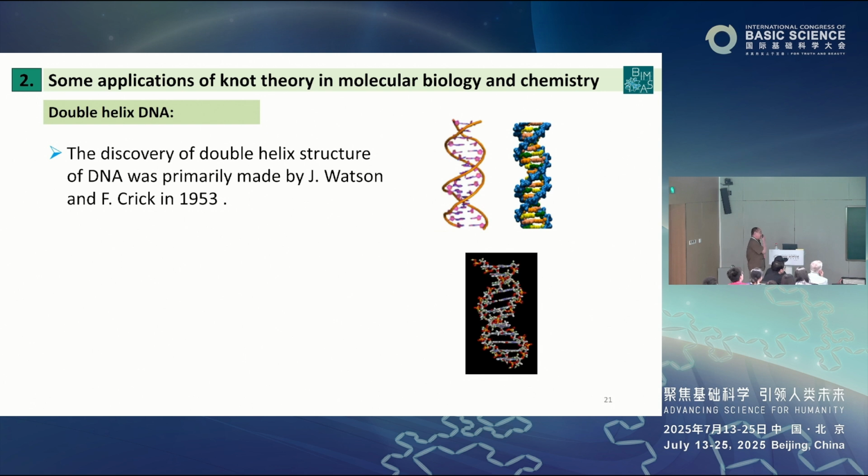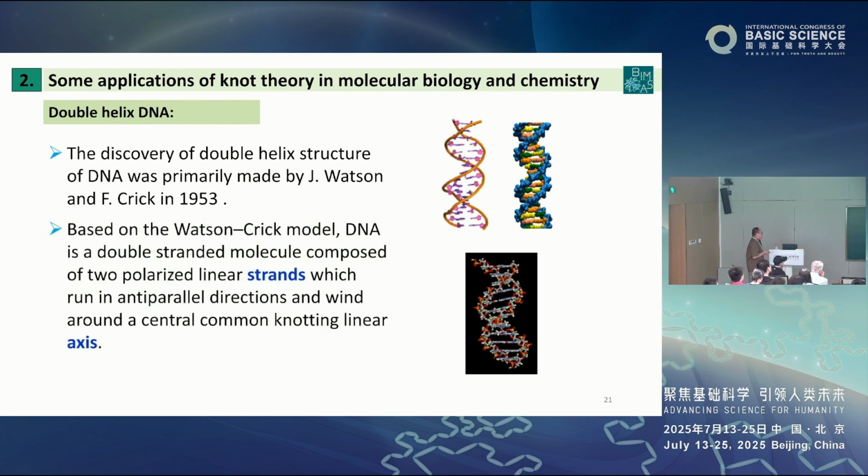The double helix structure of DNA was primarily discovered by Watson and Crick in 1953. Based on their model, DNA is a double-stranded molecule composed of two polarized linear strands which run in antiparallel directions and wind around an essential common non-linear axis.